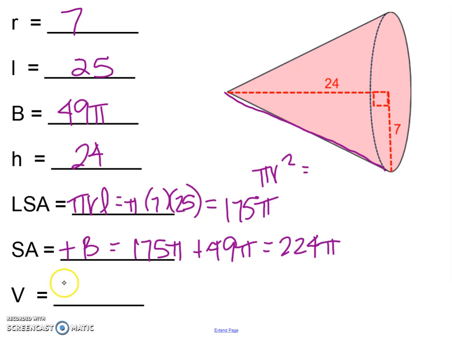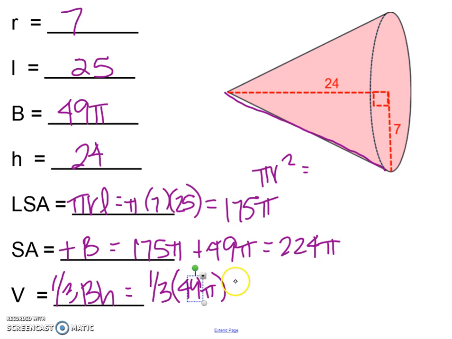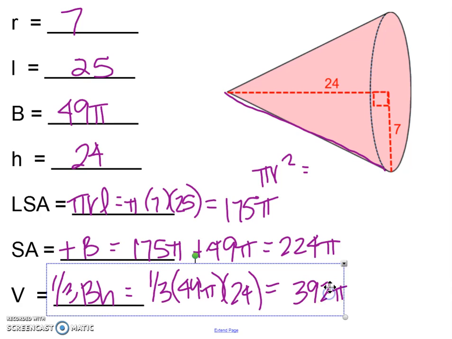And then the volume of the cone is the same as the volume of the pyramid. So 1/3 the area of the base times the height, and that gives us 392 pi.